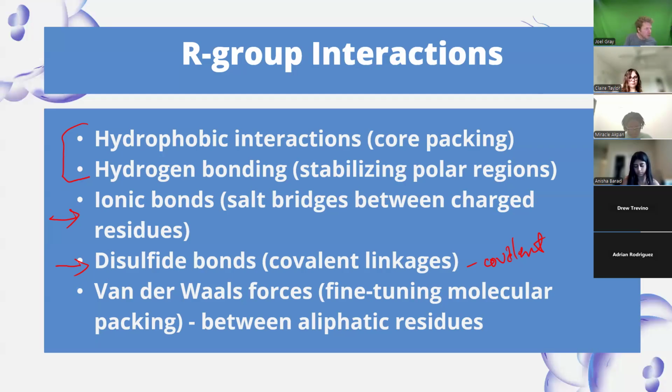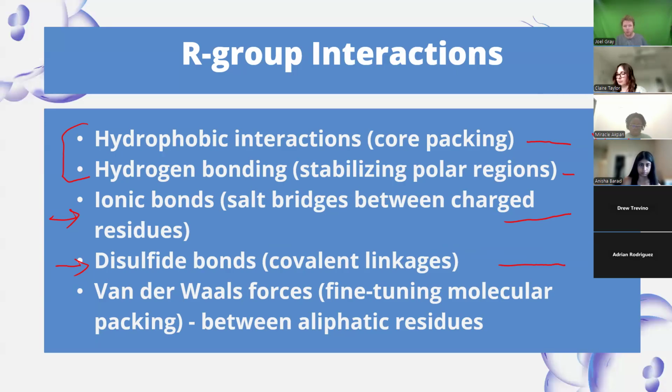Now, to treat this like a table, I think it's worthwhile to have some amino acids that you can pull from and say, okay, these two residues will interact and give me this type of interaction. Hydrophobic interaction. Well, valine, which residues will do this? Valine and isoleucine. If I have those two interact with one another, hydrophobic interaction. Then hydrogen bond, serine, and we'll make it easy on ourselves and say threonine.